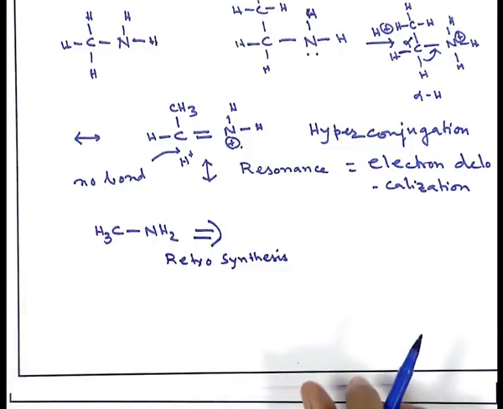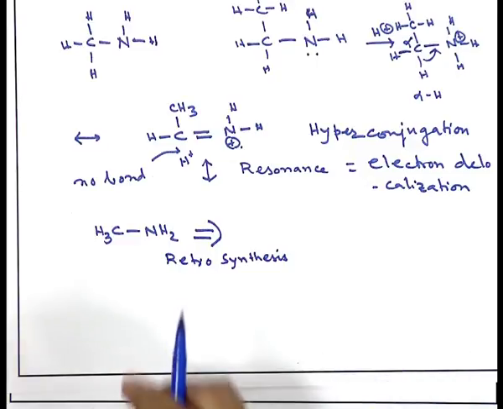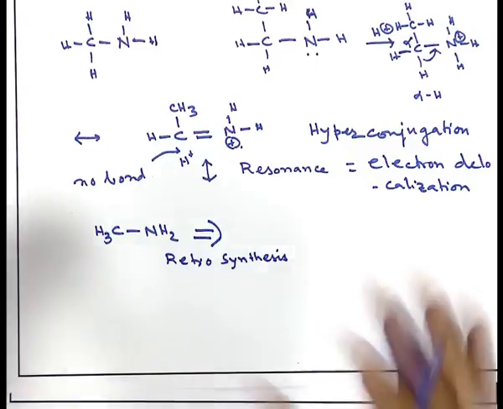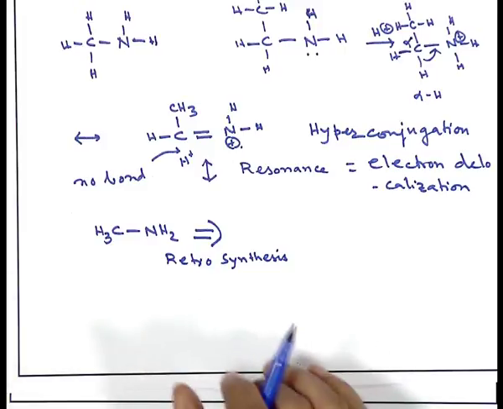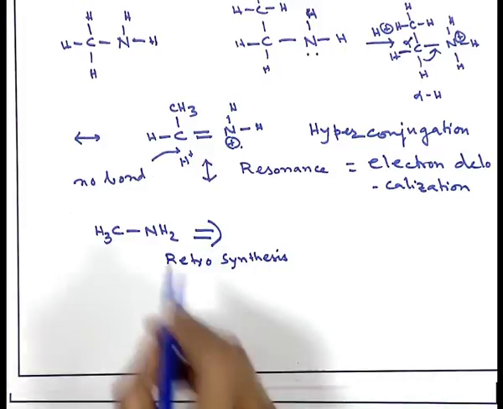I say that if we know how to make a compound, we should know how to break it. So, take it in the carbon-nitrogen bond formation. If I know how to make a carbon-nitrogen bond, which is what I am going to talk about, I should also know how to break it, and what starting materials will be needed to make this compound. So, when this type of arrow is written, it means retrosynthesis.